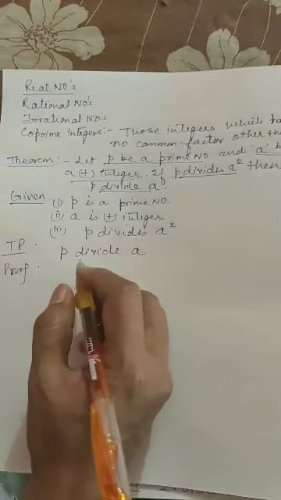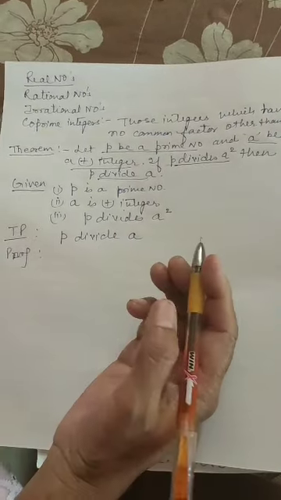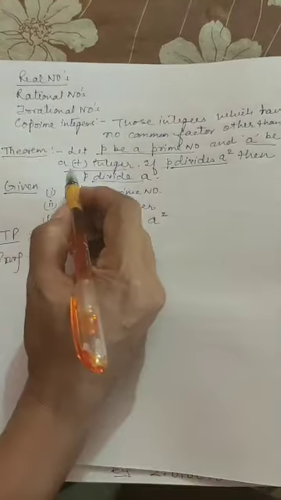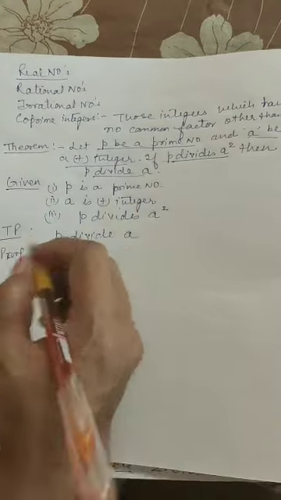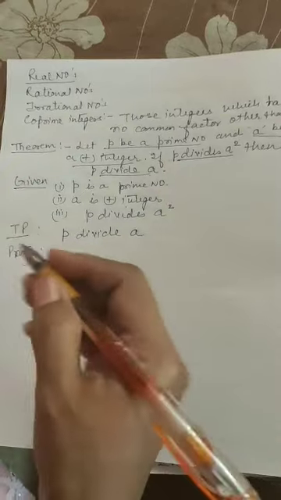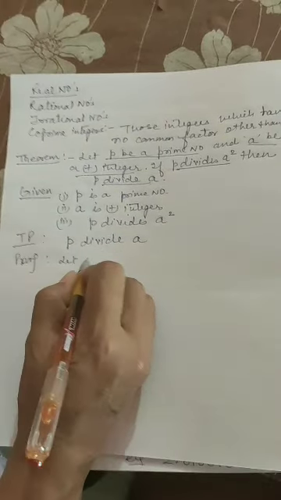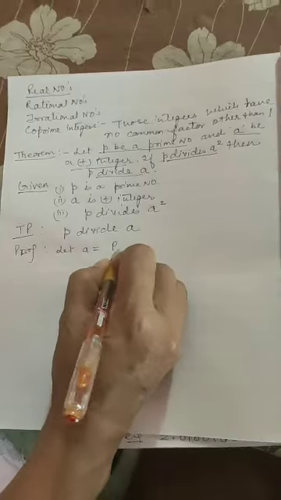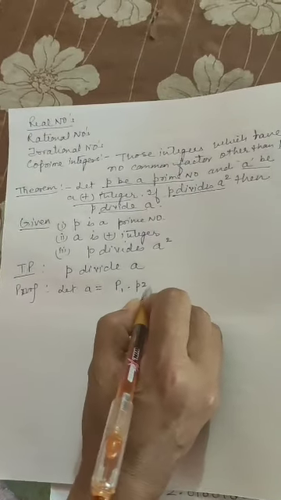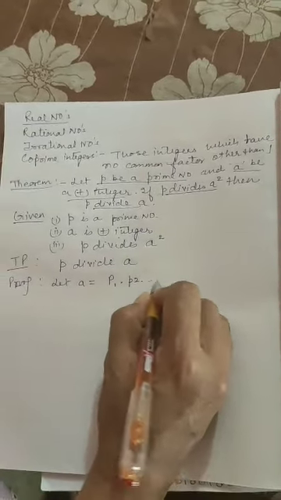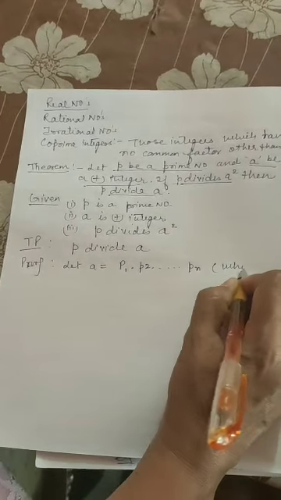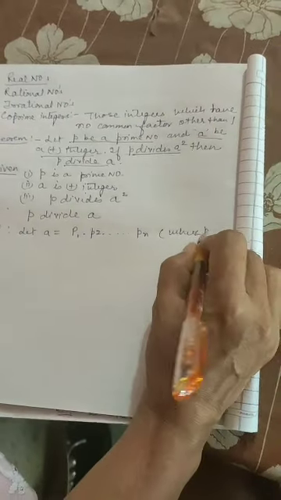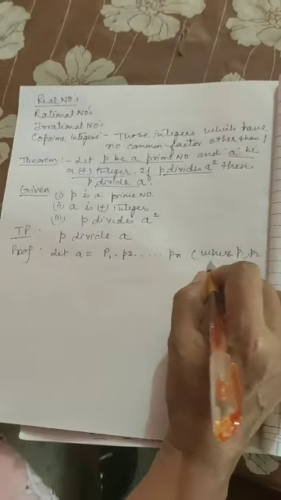We know that every positive integer can be expressed as a product of primes, and we are assuming that a is a positive integer. So a can be expressed as a product of primes. So let a equal to p1, p2, up to pn, where p1, p2, pn are prime numbers.